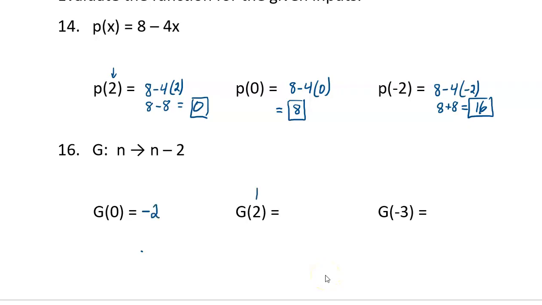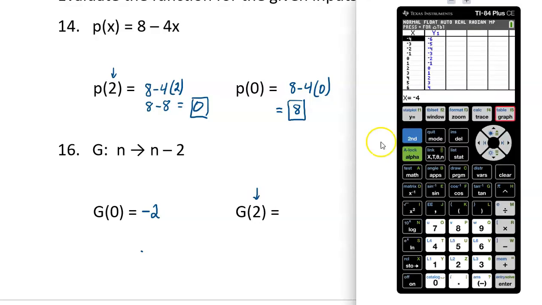What about for an input of 2 and for an input of negative 3? Let's find that on the calculator. When x is 2, y is 0. So g of 2 is equal to 0. When x is negative 3, y is negative 5. So 0 and negative 5.